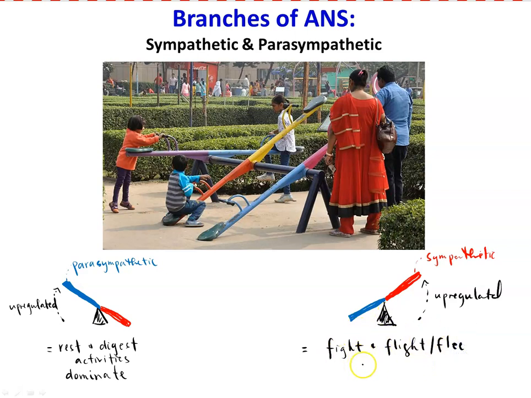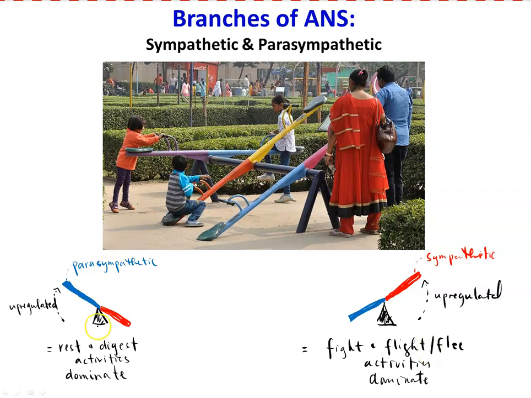And all these activities are dominating. Okay, and this is when your heart rate starts to increase or blood is shunted to areas to help you fight or actually run away. Okay, all right, so those are the branches of the autonomic nervous system that we're going to be talking about.